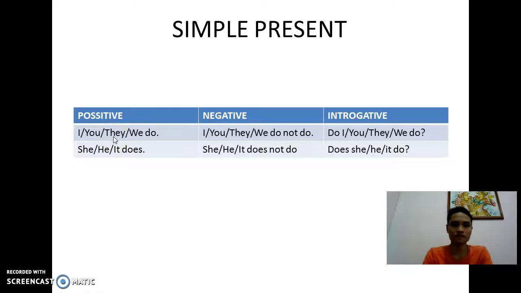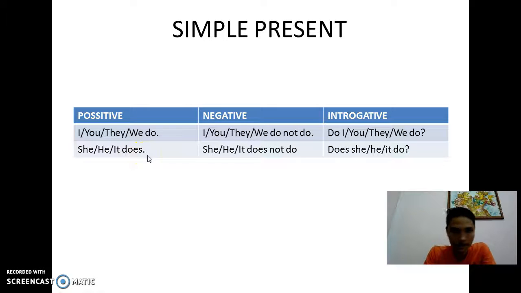So I mean, if the subject is I, you, they, we, we don't have to use s or es at the end of the verb. But if the subject is she, he, it, we have to use s or es at the end of the verb.